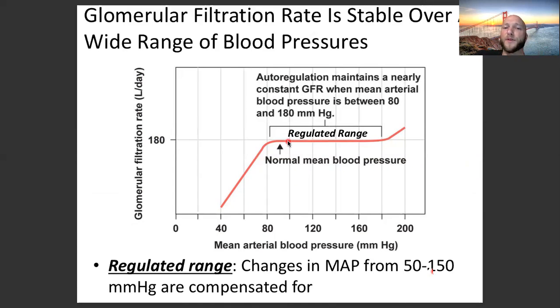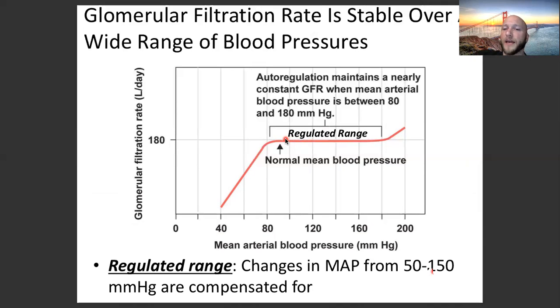If Dan's MAP increases to 120, what will happen to his glomerular filtration rate? Well, his body is able to maintain stable GFR within that blood pressure range. So his GFR will still be 180.